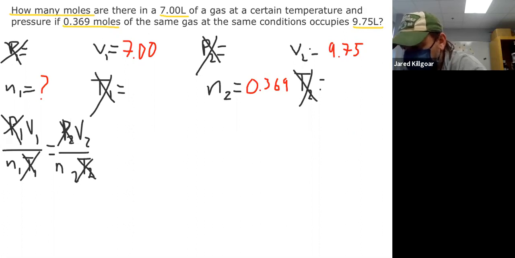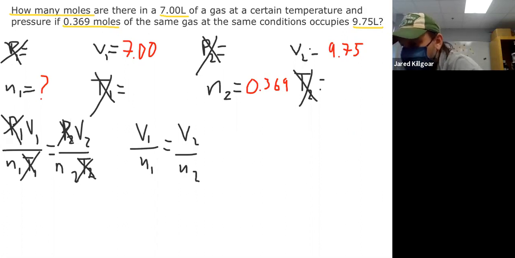So I have V1 over N1 equals V2 over N2. Now I have an algebra equation, one equation, one unknown, so I can just substitute. My V1 is 7.00, over my N1, which I'm going to leave as the variable N1.